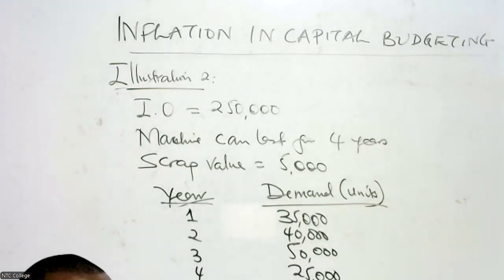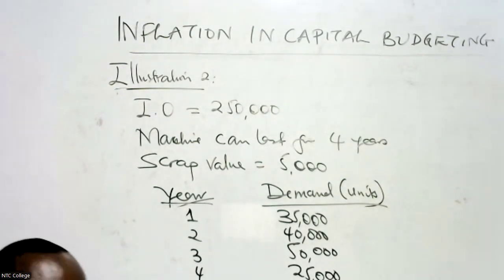Variable cost will increase by 4% per year. Fixed cost will increase by 6% per year.